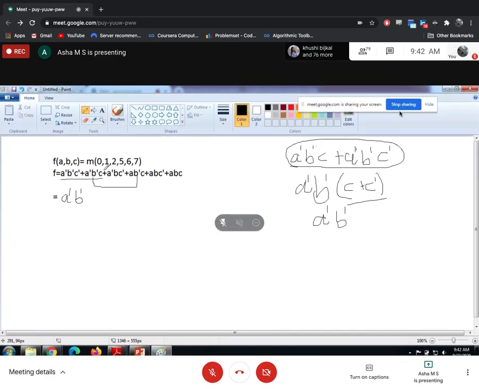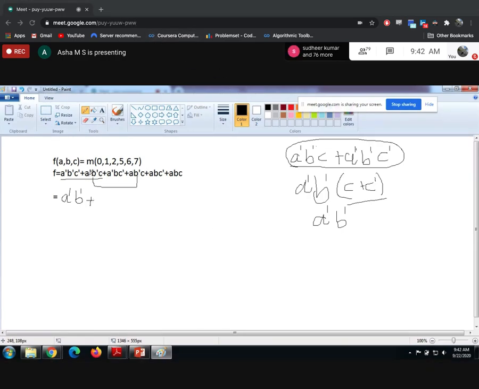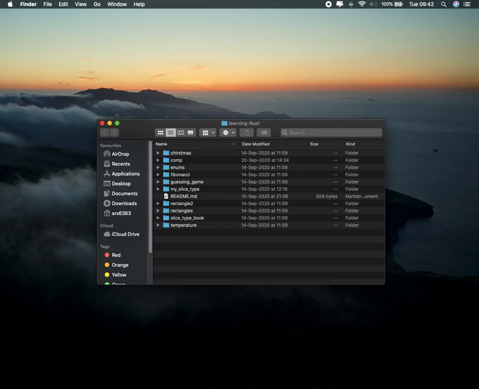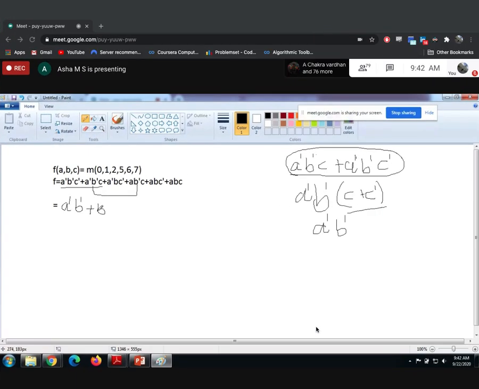Here b bar c is common, so you are left with a bar plus a, which will become 1. So you are left with b bar c. Next, check like that only.